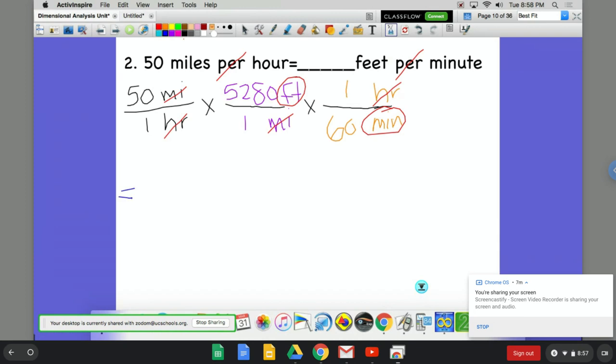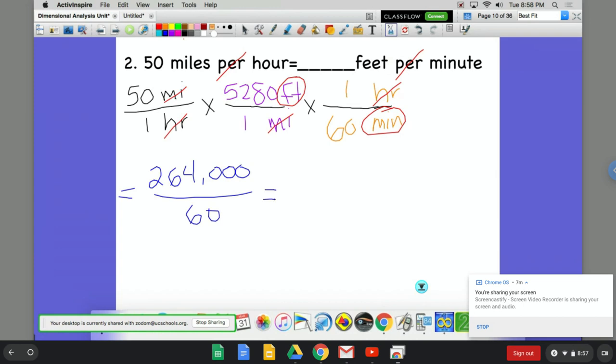So if we were going to do that math, we would have 50 times 5,280 times 1. So we get 264,000, all over 1 times 60, which is 60.